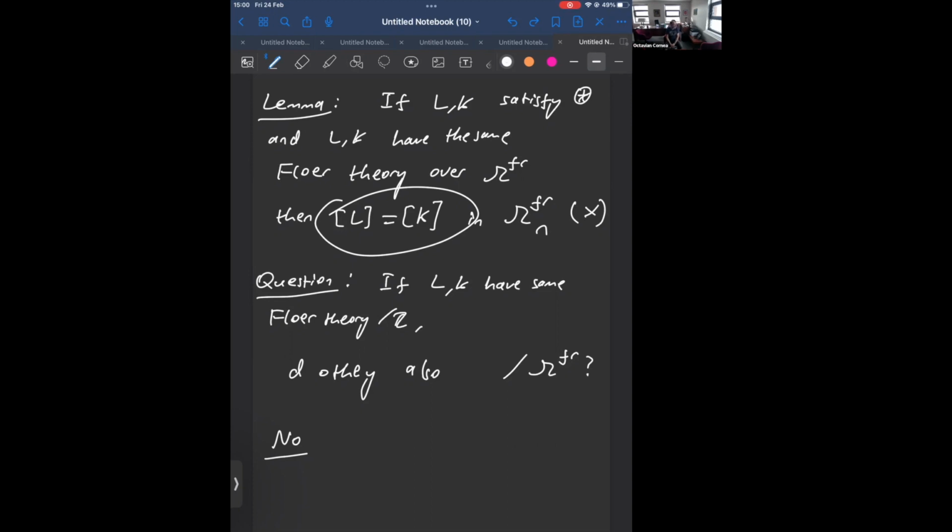Then the expectation is that Floer homology over Z characterizes quite a lot of the Lagrangians. It's hard to imagine things even non-Hamiltonian isotopic with all the Floer homologies the same. But at the same time, it could be that this choice of additional data can be very different.